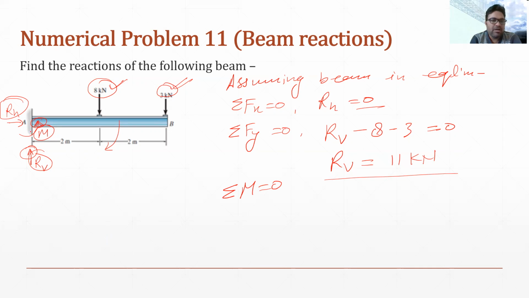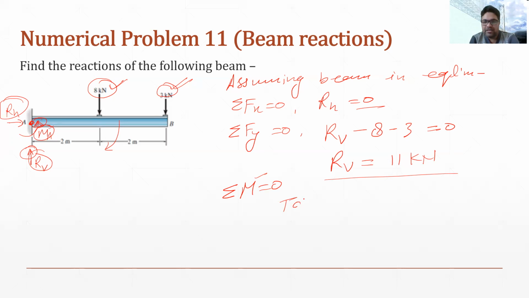I am taking moment about A. And one more thing, the reaction at point A on this beam, I am expressing as MA, so that there is no confusion between this M and this M. So this is MA, which is the moment at A.